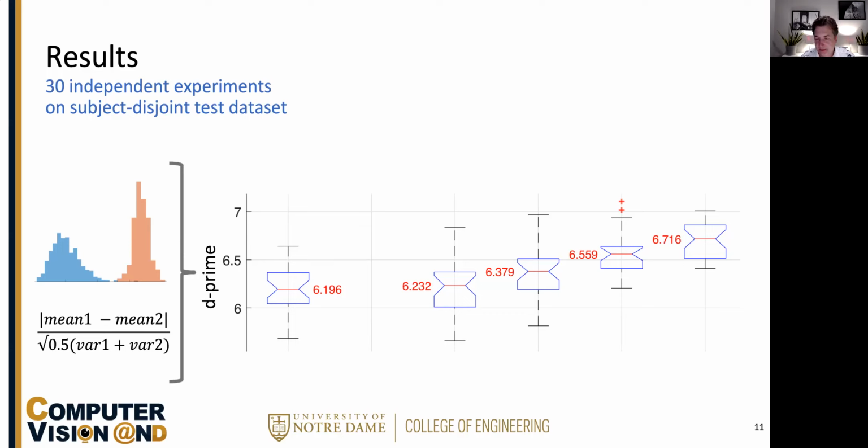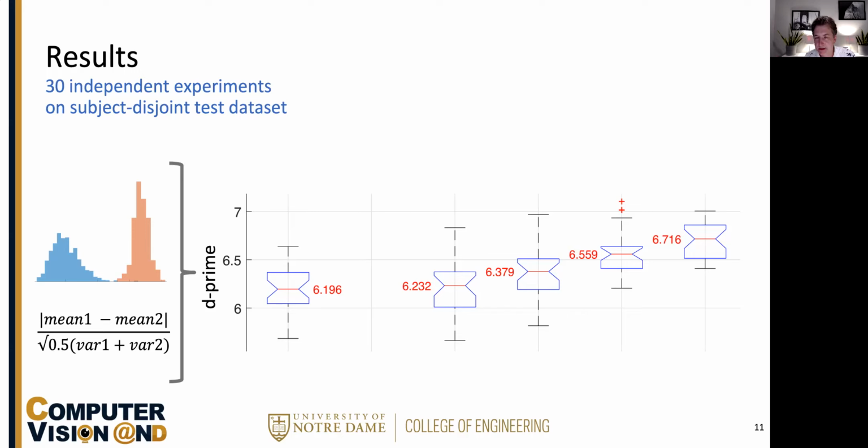To measure the quality of this algorithm, I will be using d-prime. D-prime is a measure that tells us how different two distributions are. The two distributions that we're interested in are the genuine score distribution and the impostor score distribution. The genuine score distribution should be close to 0.